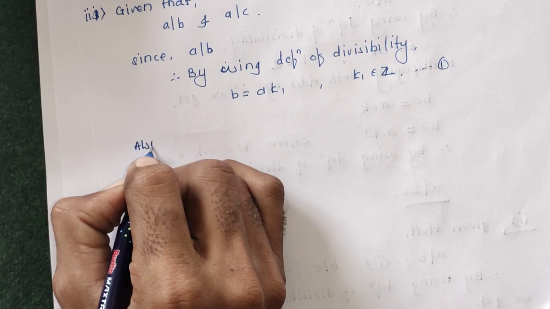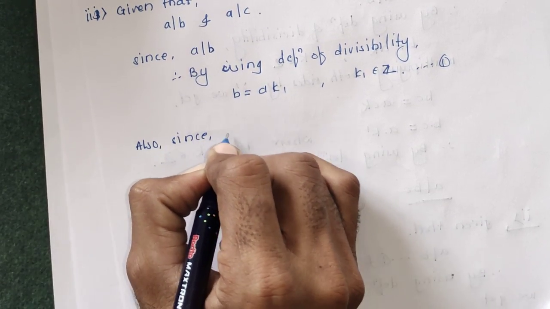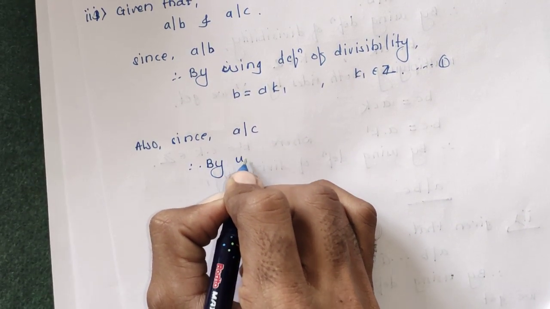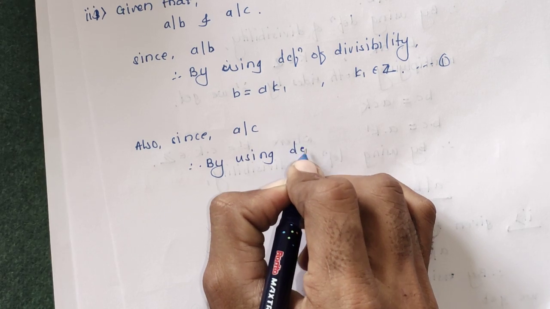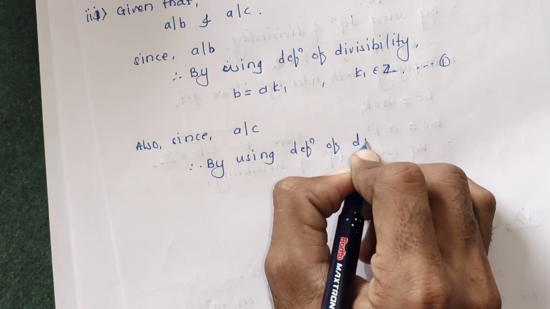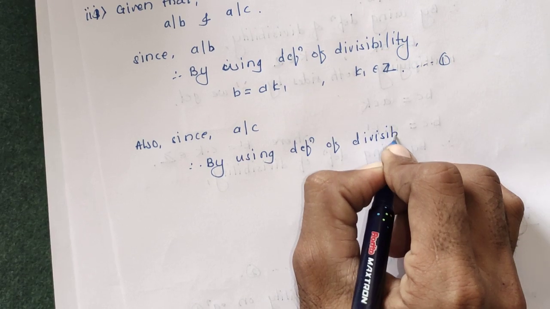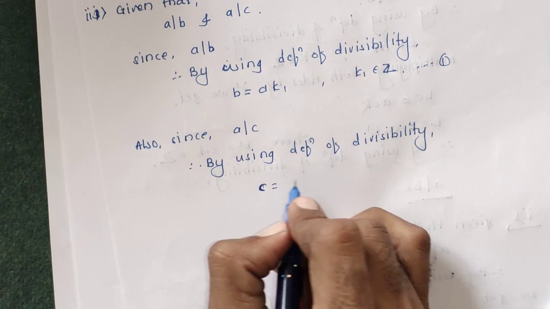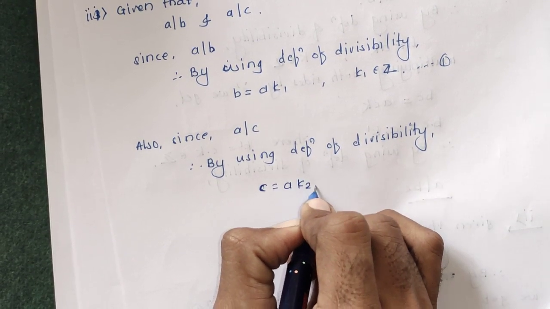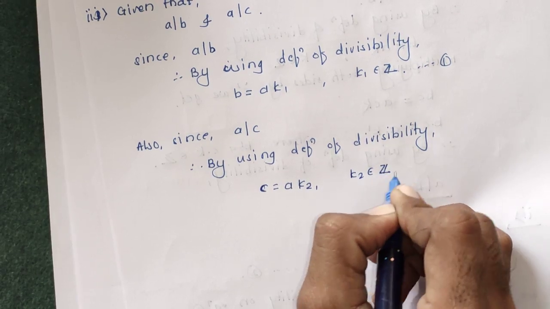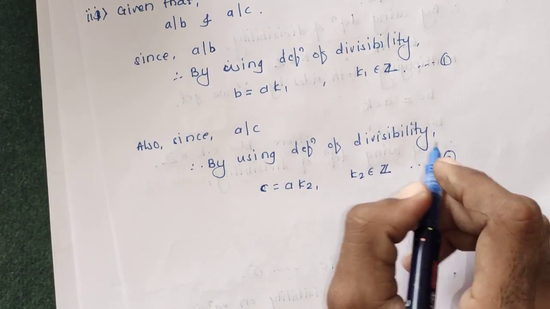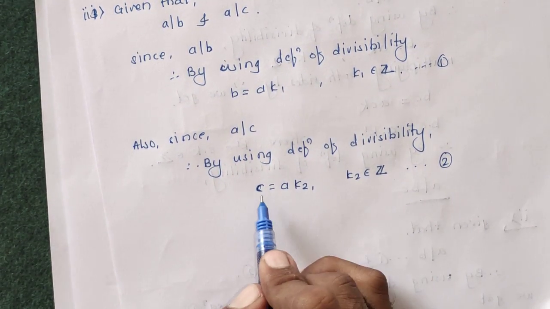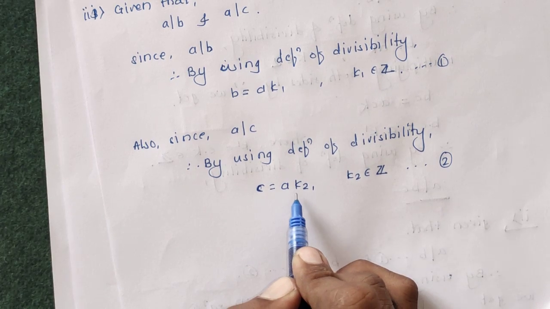Also, since A divides C, by using the definition of divisibility, C is written as a multiple of A, that is C equals A into some K2, where K2 is an integer, equation number 2. From equation 1 we get B equals A into some integer, and from equation 2 we get C equals A into some integer.